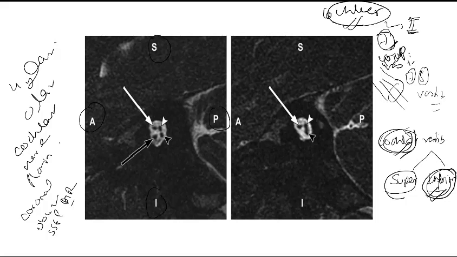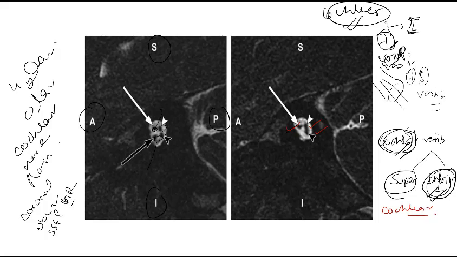In the first MR image, we are able to see 4 dots: one here, one here, one here and this one. These are the superior and inferior vestibular nerves, the facial nerve, and this one is the cochlear nerve. But in the second picture, we are able to see the facial nerve and the superior and inferior vestibular nerves, but we are not able to see the cochlear nerve.